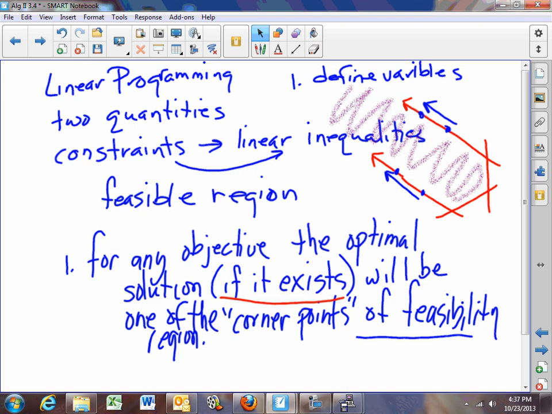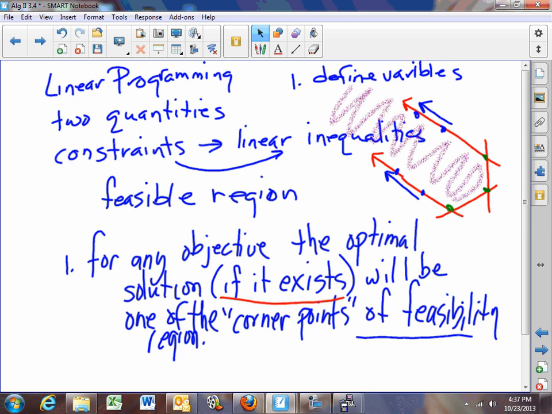In other words, if these points as they go along this particular line here make the objective larger and larger, then there will be no bound to the maximum. But there will be a bound to the minimum, and it'll be at one of these three corner points here. Or if as these points go this direction, the objective gets smaller and smaller, then the maximum will be at one of these three points.